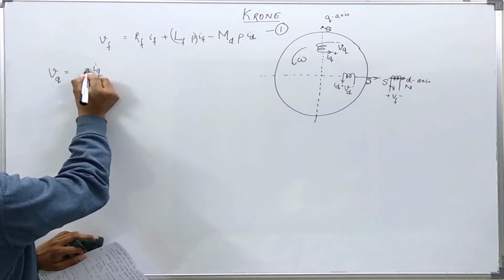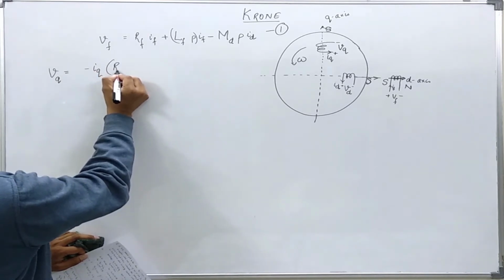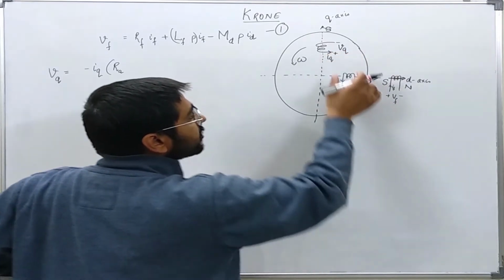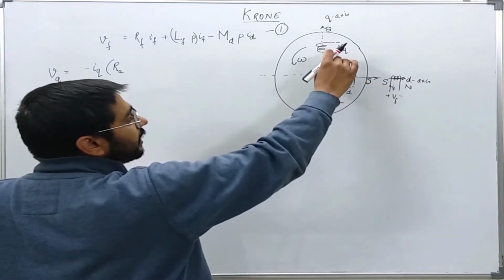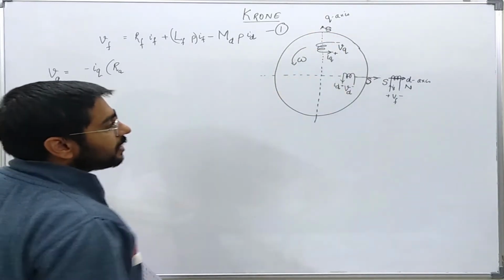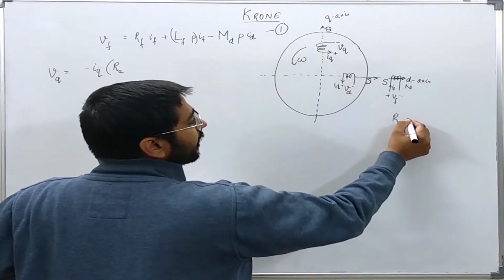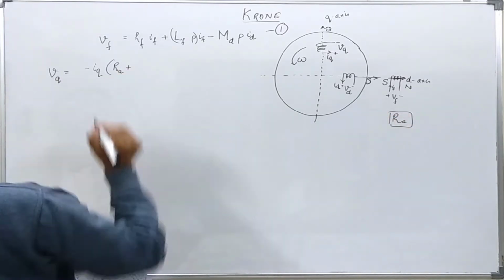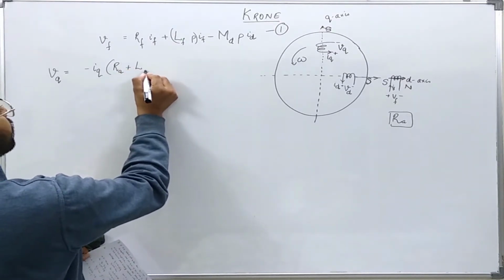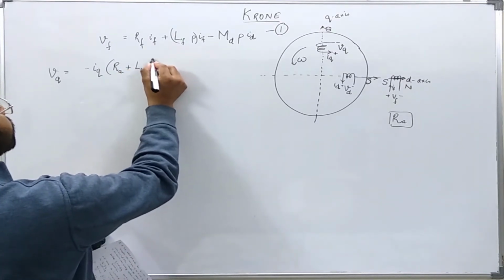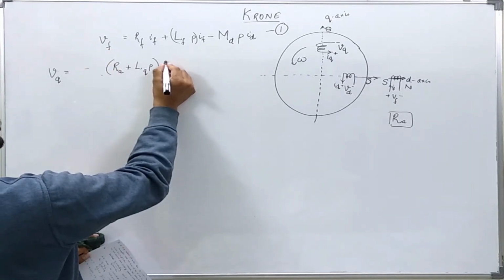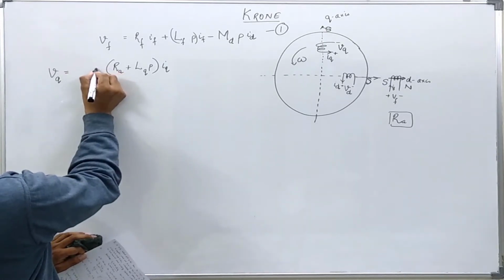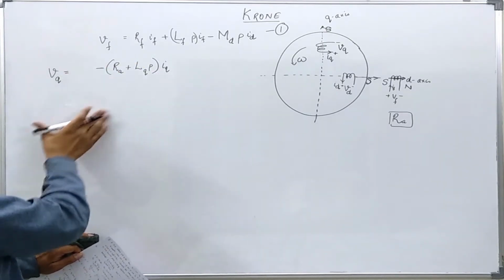So VQ will be minus IQ times the resistance of this winding. I am assuming that since these two windings are equivalent, only the spatial angle is different, the windings have the same resistance RA. This is the armature resistance. RA plus LQ p, and I will write IQ here so that this operator P can be used. This is the minus sign. What I am trying to show is that this is the generated voltage.